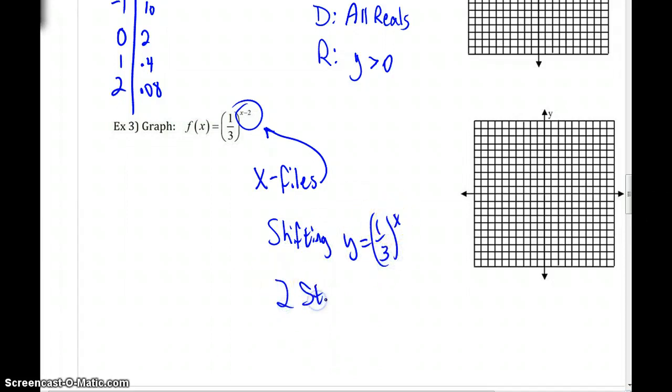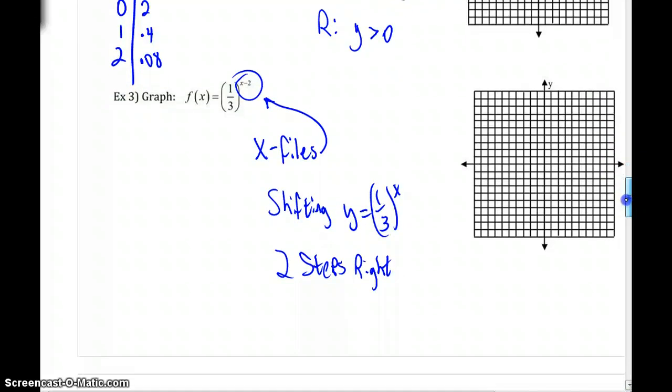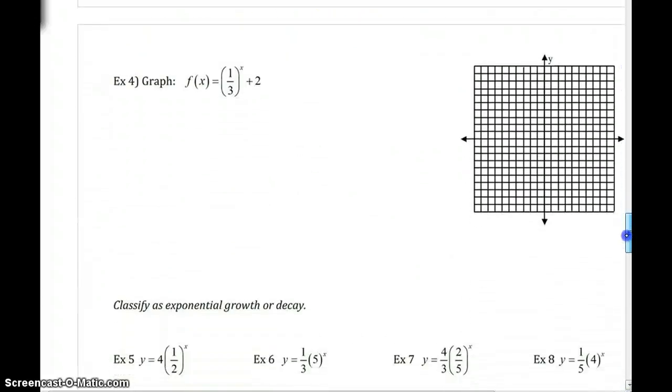Remember, x files is weird. You see a negative 2, you think you're going 2 steps left. You're really going to move 2 steps to the right. The bottom line, though, is that your horizontal asymptote, the flattening out, is not going to be any different for this curve.